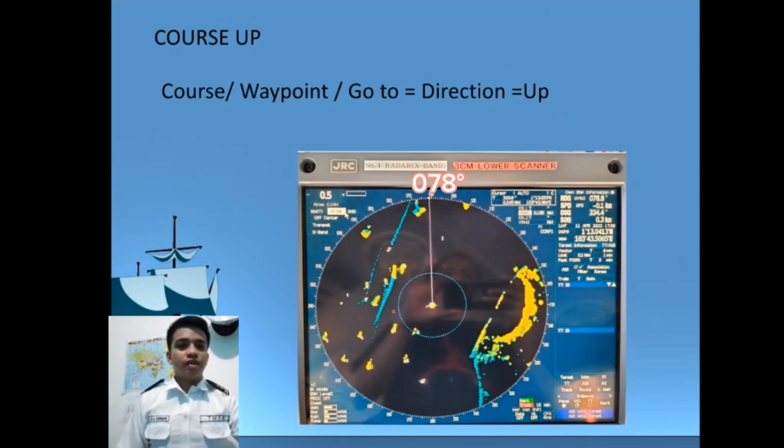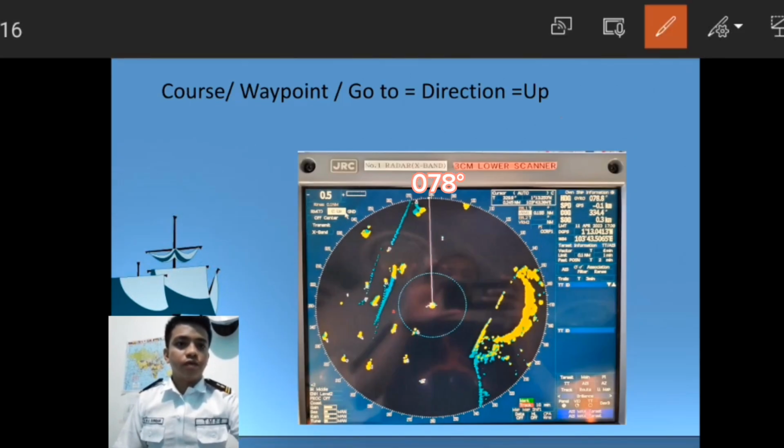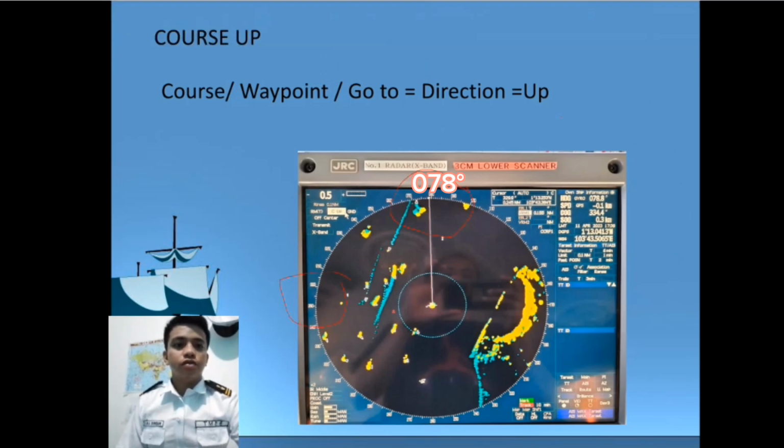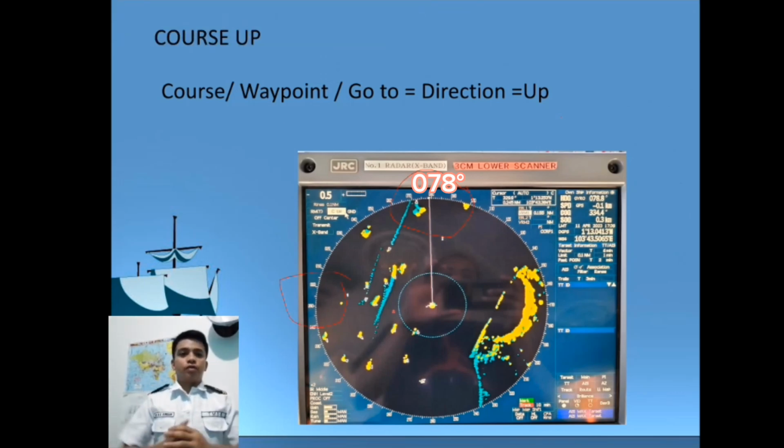So 0.78 degrees is nasa taas. Makikita natin sa ating display. So ito yung example ng course up. Dito yung 0.78 degrees. Ang 00, dito yung north. So, that is the example of course up.